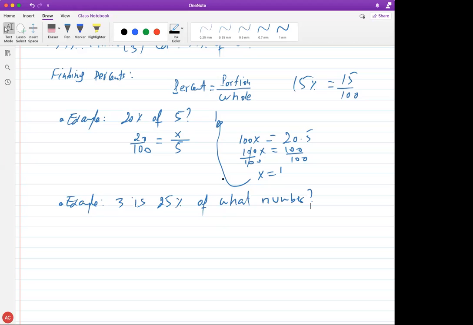Again, this is not a difficult one. You can probably figure it out without the equation. If you don't, that's fine. We have the formula for that. If you read this here, 3 is 25% of what number? Are we looking for the portion or the whole in this question?